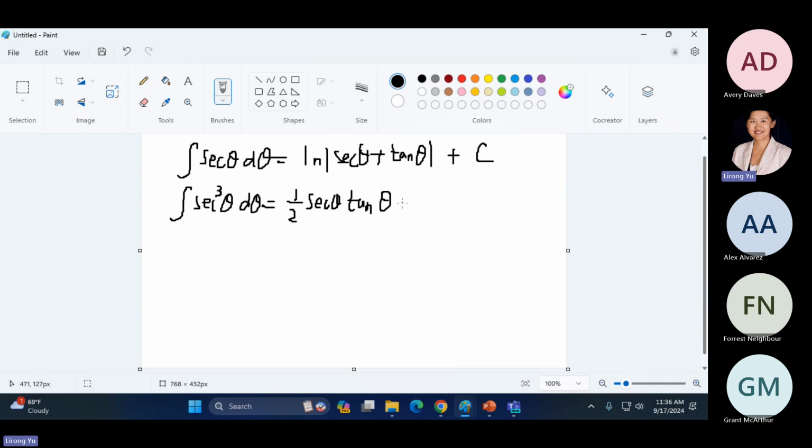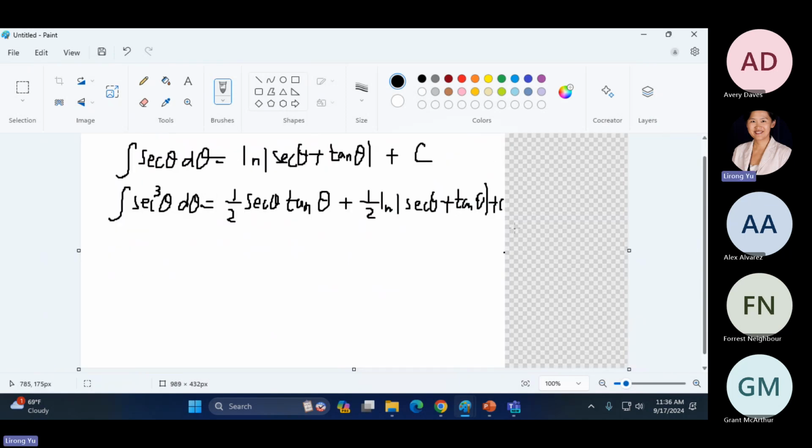This is the u times v. And then plus 1/2 of the logarithm of secant theta plus tangent theta. So that was the answer for secant cubed, if you get the formula.